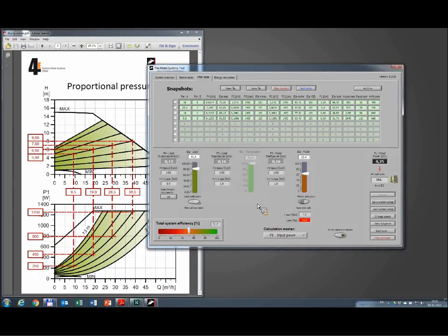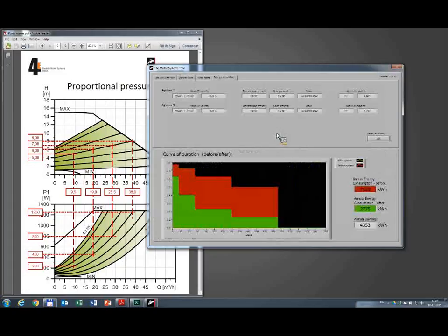So now we have the complete after situation in the green table. We have the complete before situation in the red table. When we push the energy calculation in the Motor Systems tool, we can see that the red curve is the before situation, the energy distribution before, and the green one is after, and we clearly see the difference between the two curves, which is the summarized energy savings in this case.